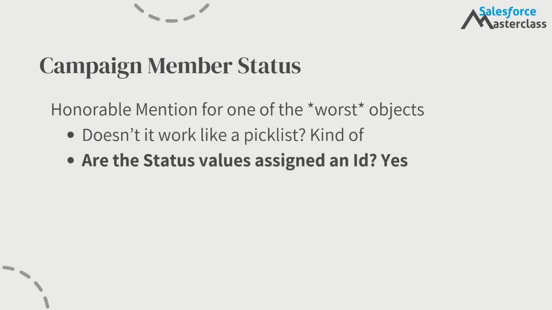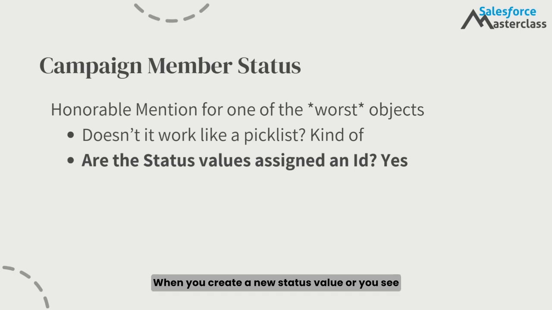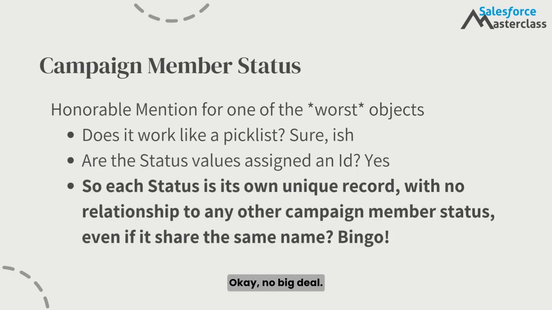No. When you create a new status value, or you see the sent and responded status values that are automatically created, each of them acts like a related record and each is assigned its own ID. Okay, no big deal. But since each status value is technically a record related to its parent campaign, it's not linked in any other way to campaigns that it may share a name with, right?